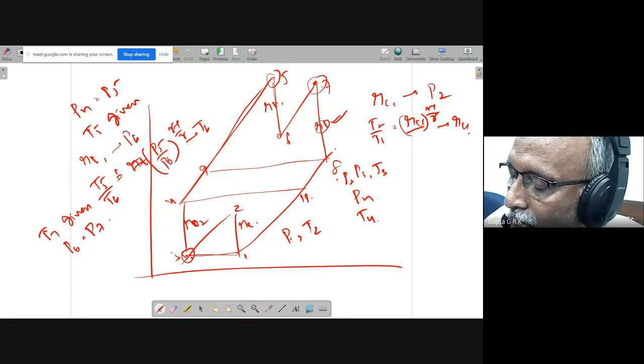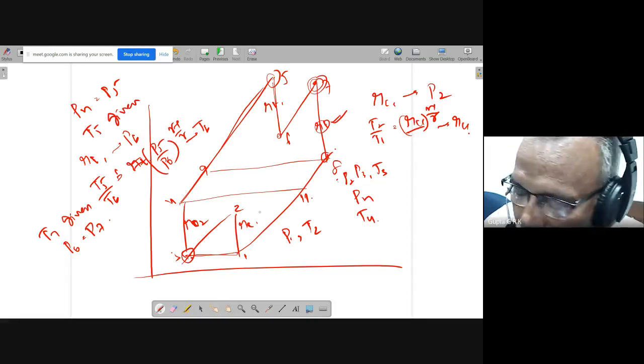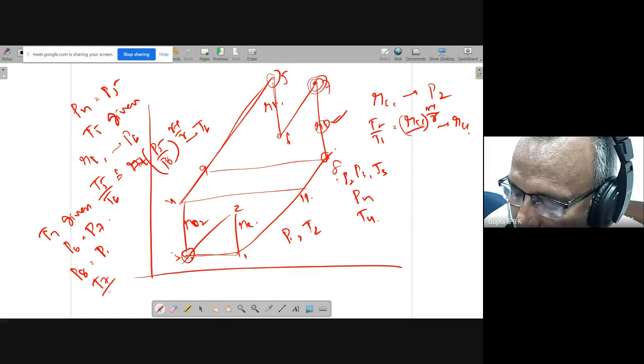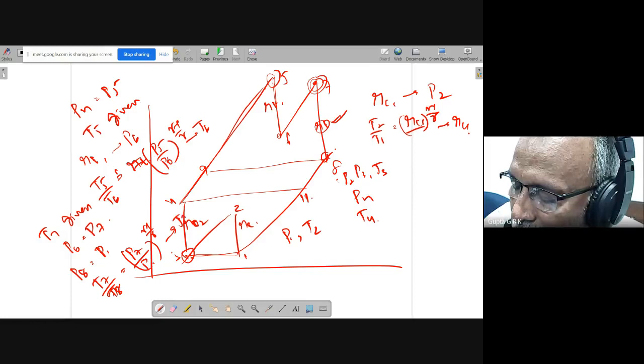So again, once you know P6 and P7, I can find out this, because this pressure ratio is known. Actually, P8 is equal to P1, and so T7 by T8 is equal to P1 to the power of gamma minus 1 by gamma, which gives T8.